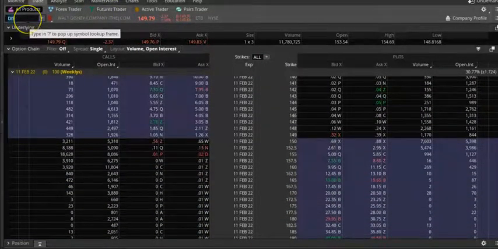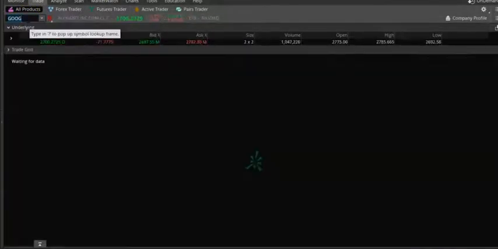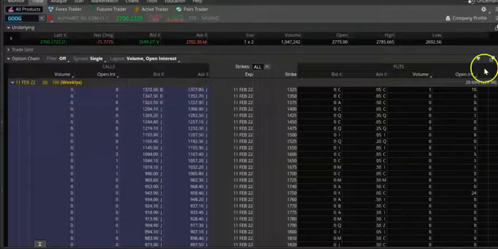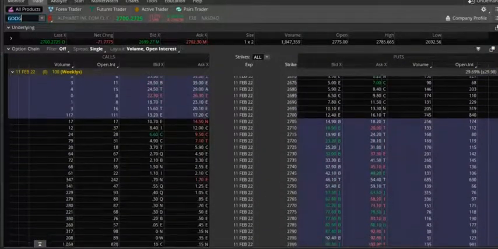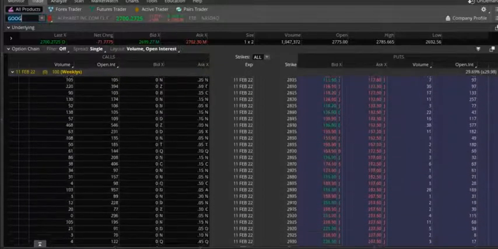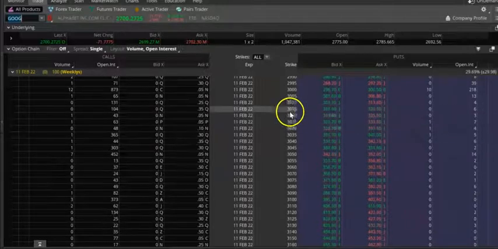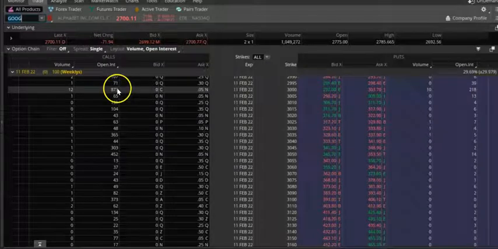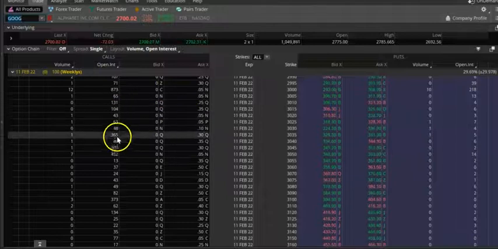Sorry, Google is here, 873. So like that, it populates the high number of open interest.